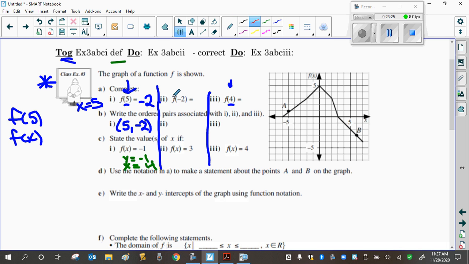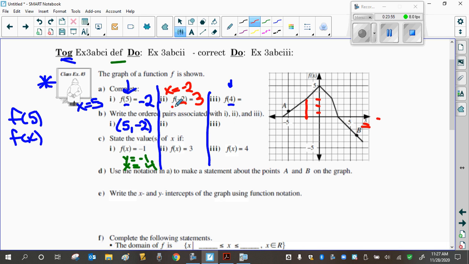Okay, remember this means x equals -2. That's what the number in the bracket means. Where does x equal -2? Right there, and then you go up or down to wherever the graph is. So 1, 2, 3 up. 3 up means 3.